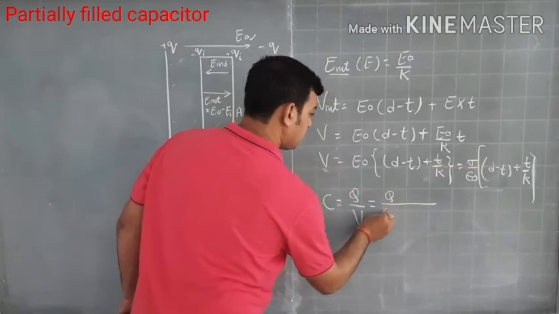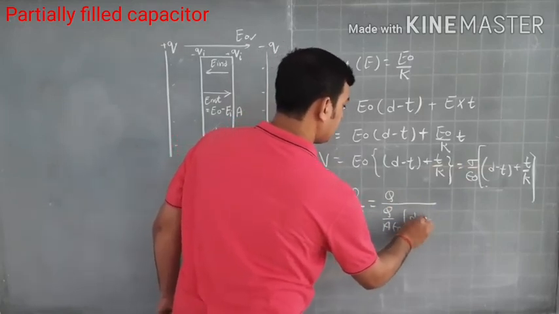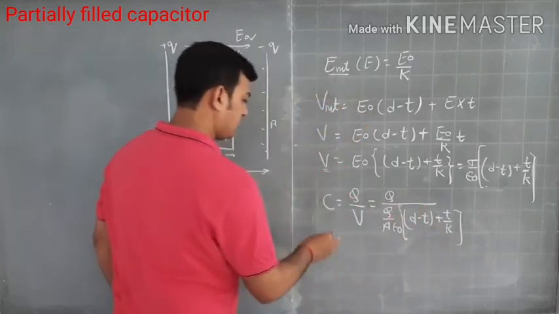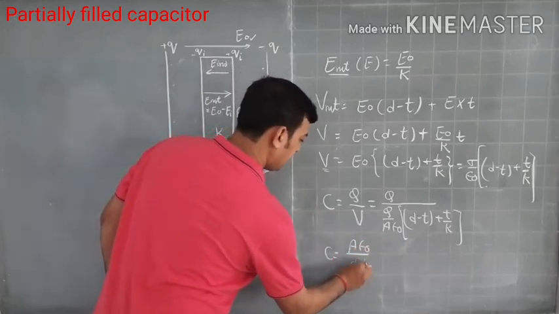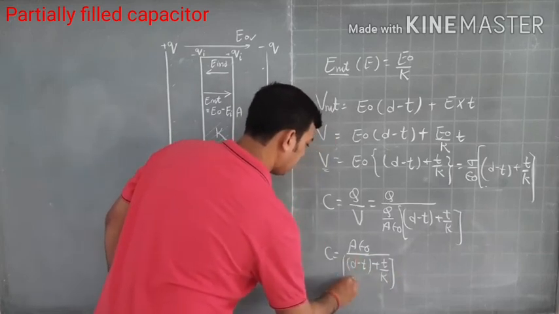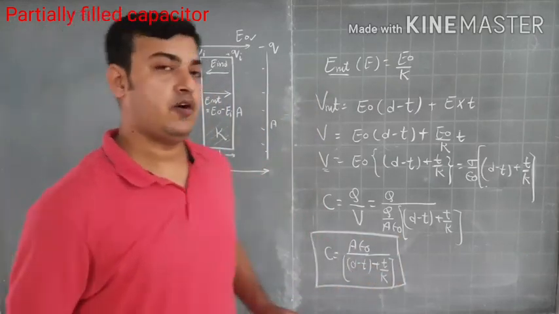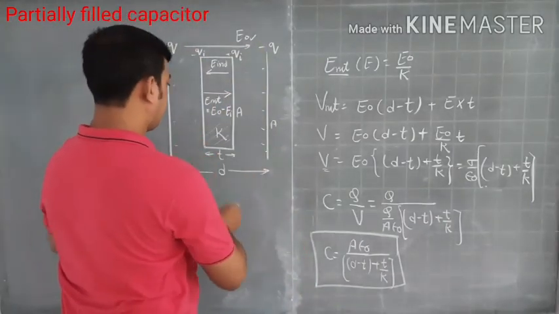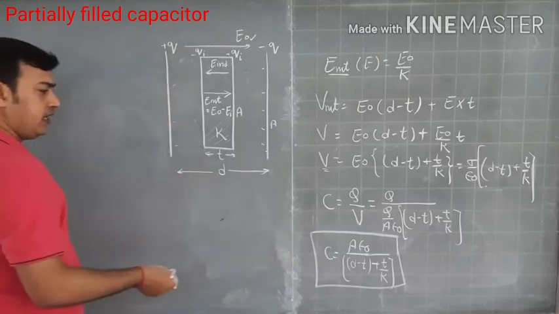I can write this charge density as charge by area, and this is going to be, which on simplifying will give you A epsilon naught divided by d minus t plus t by K. So this is the capacitance of a parallel plate capacitor that is partially filled with the dielectric up to distance t.